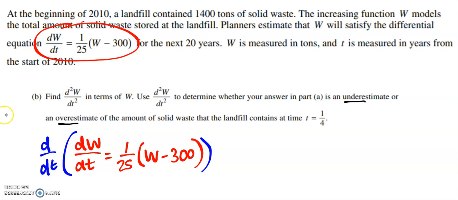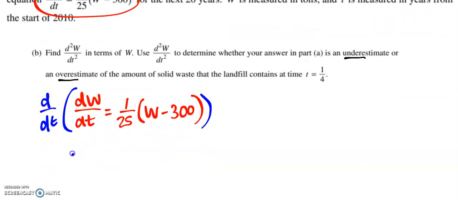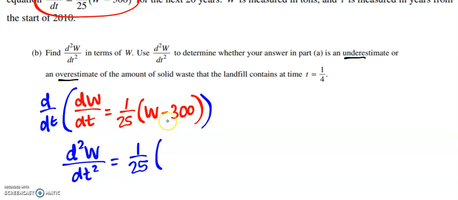with respect to time. So I get the second derivative of W, d squared W over dt squared, equals 1/25 is just going to hang out. It's a constant. The derivative of W with respect to time is dW/dt, minus the derivative of 300 with respect to time is 0.